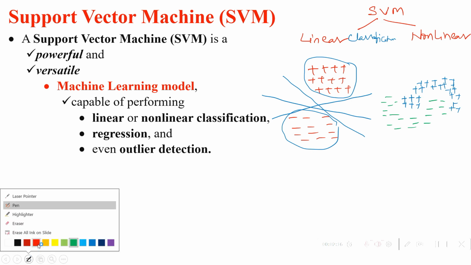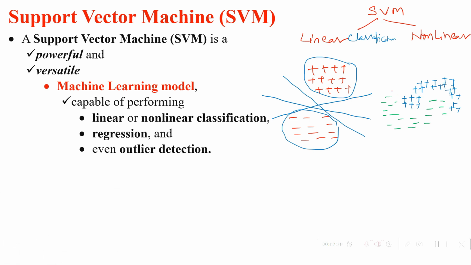At that time we are going to use a different model, called a non-linear model. That model classifies the data points of the positive class and negative points exactly. That's why SVM classification is both linear classification as well as non-linear classification. It is also applicable for regression and for the identification of outliers.